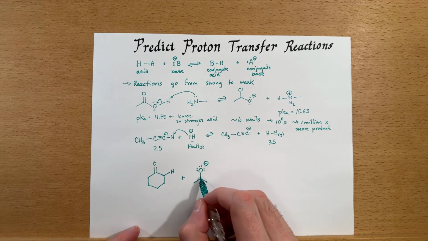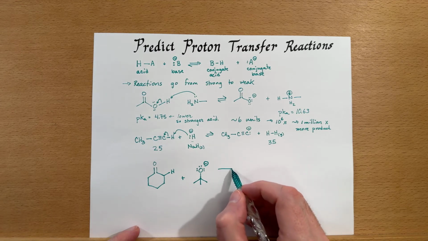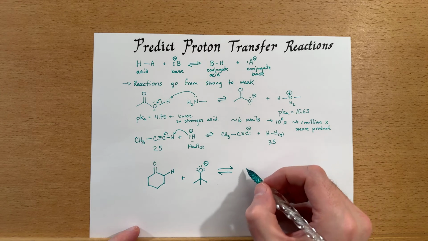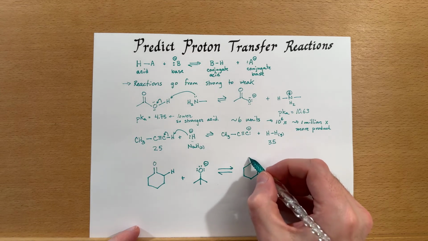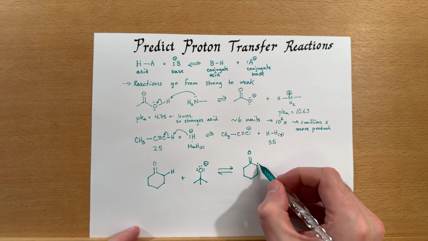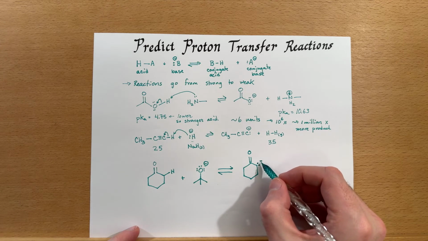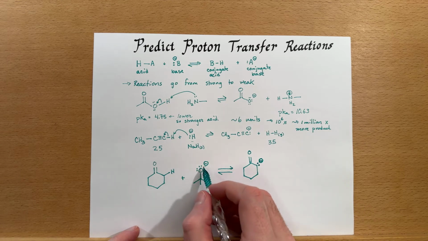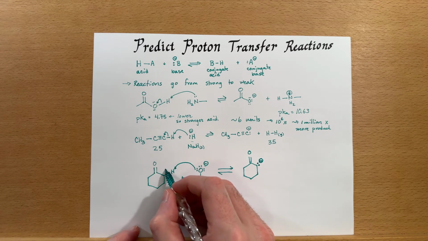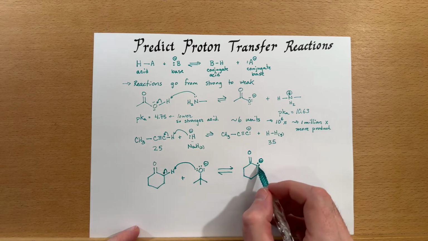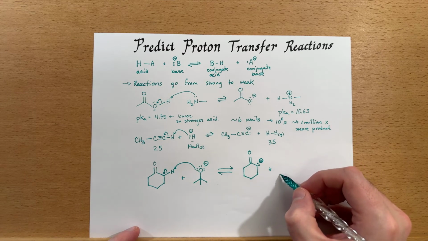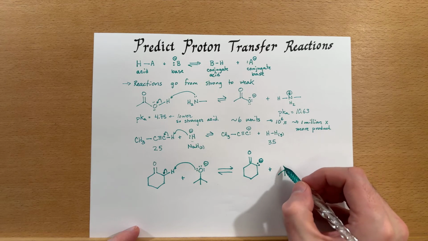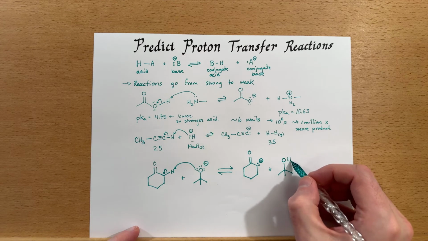So this is one of the stronger alkoxide bases. So this will remove that proton and transfer electrons over onto this carbon. So now we have a negative charge next to the carbonyl. And then we will make the protonated version, so the t-butyl alcohol.